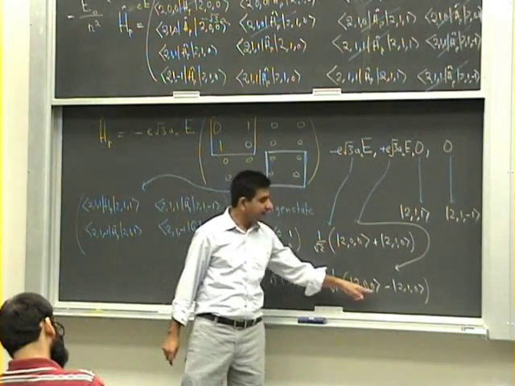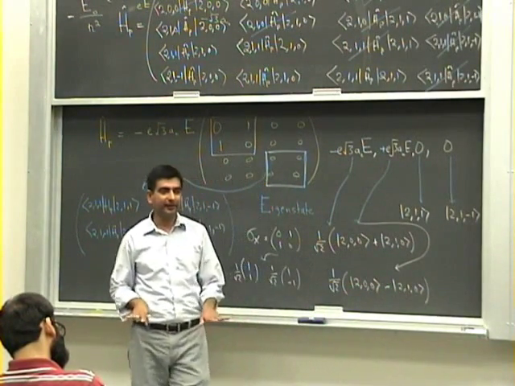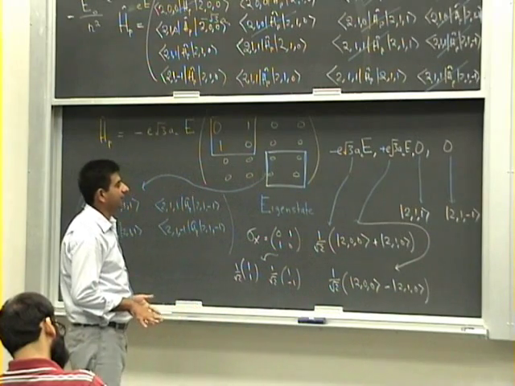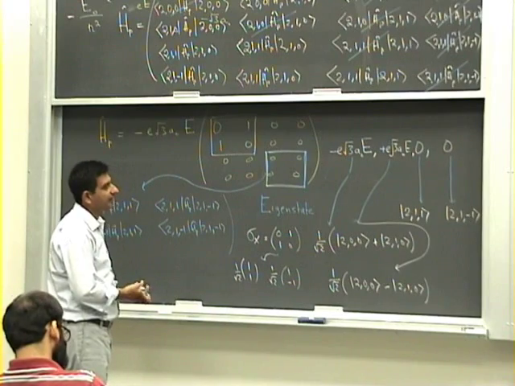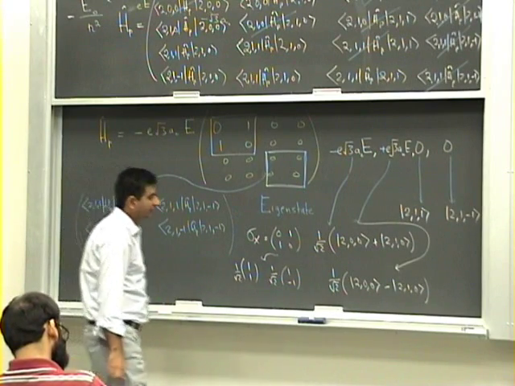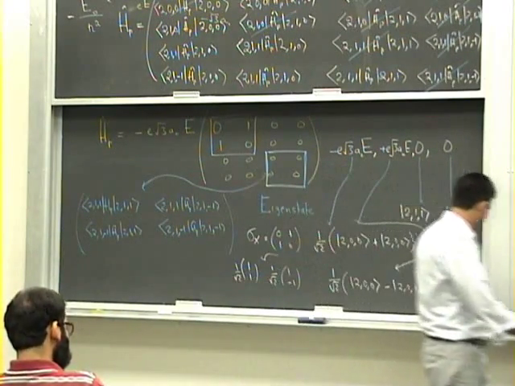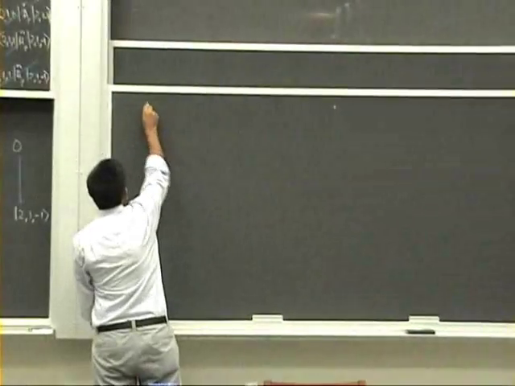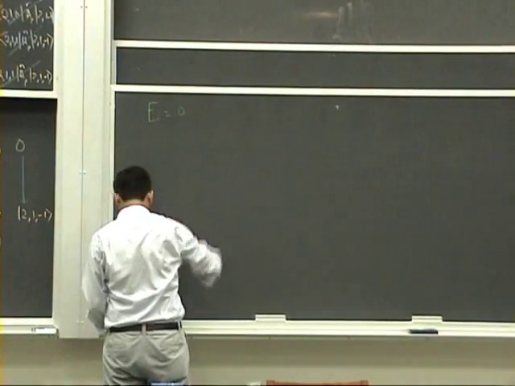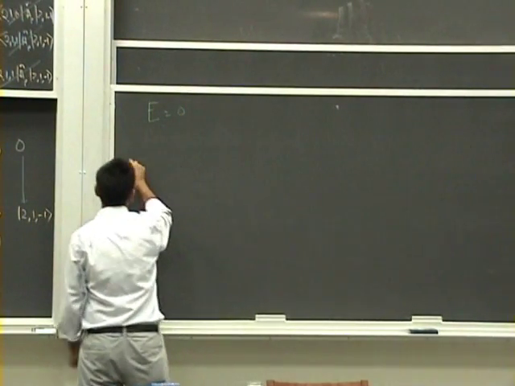Alright, so the states with the same m value form the eigenstates in the presence of the perturbed Hamiltonian. We can also show what's happening diagrammatically. Initially, in the absence of an electric field, we had 4 states degenerate.